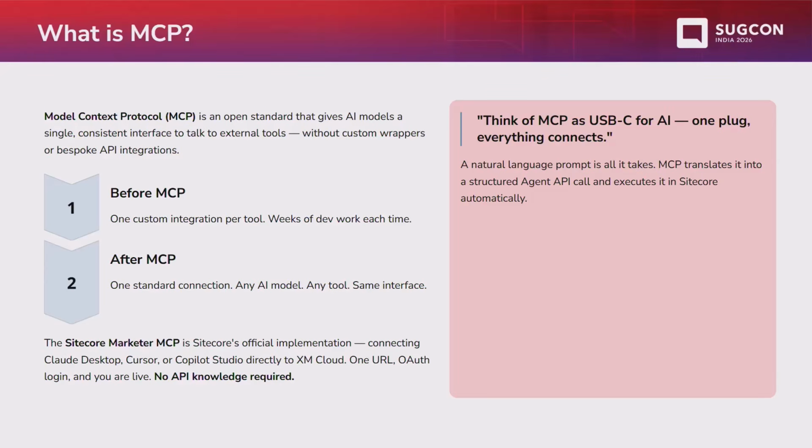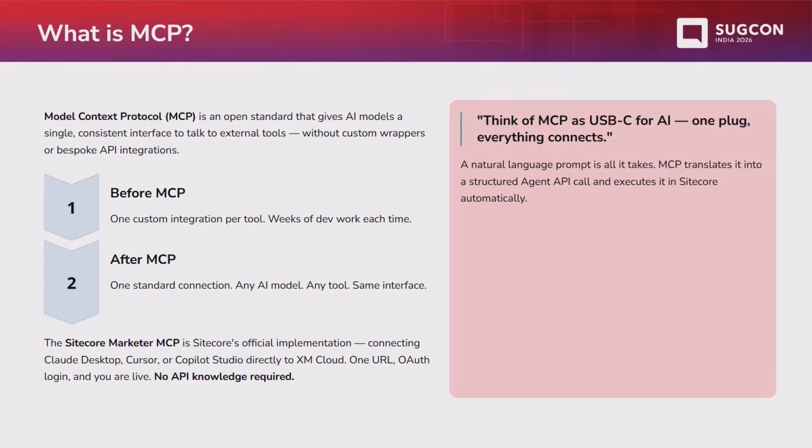After MCP, there is one standard connection, and you can connect your AI agent or AI model with any tool through the same interface. That means you can connect with Cursor or VS or whatever IDE you use directly with the server.